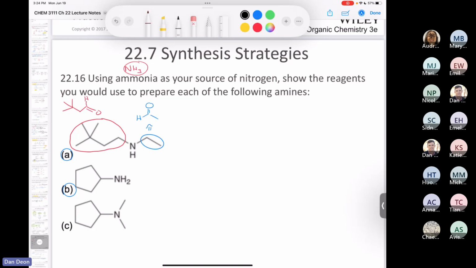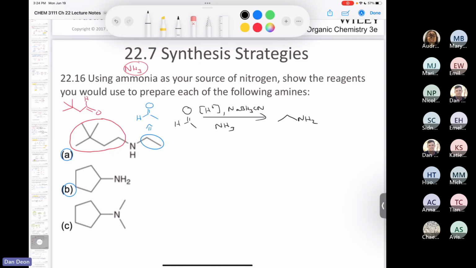So you would just do it in two successive reductive aminations. So you'd start with acetaldehyde like this, treat it with a catalytic amount of acid and sodium cyanoborohydride. And you would use ammonia as your amine. And that would give you ethylamine.